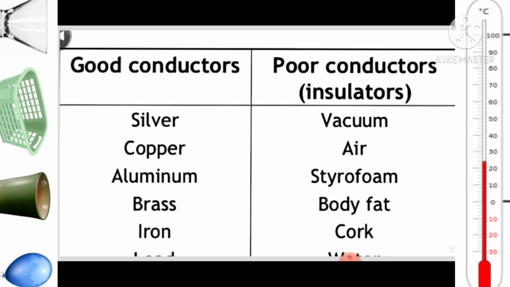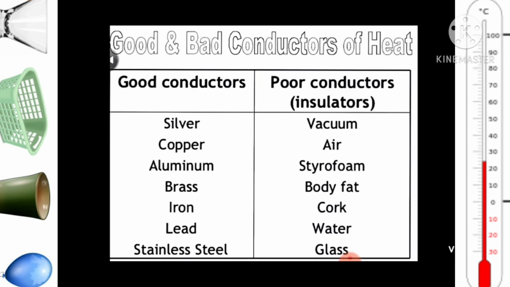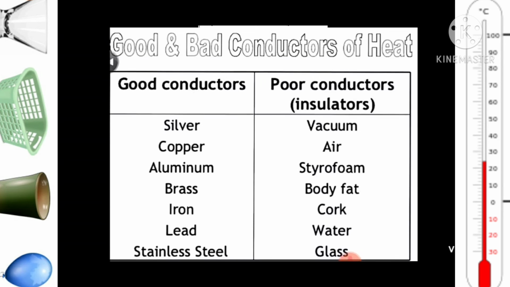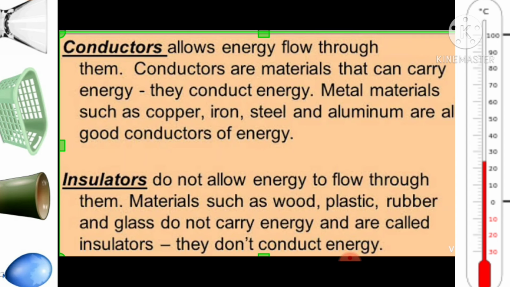So we can conclude in one more way, by defining good conductors and bad conductors of heat. Heat is considered as energy, so the definition is also in the form of energy.